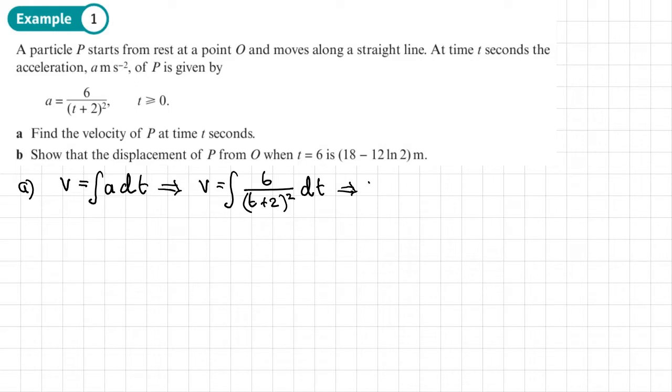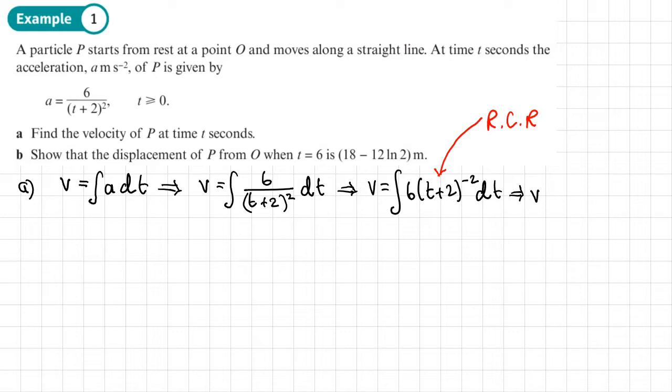Now if I write it as 6 times (t plus 2) to the power minus 2, then I notice that here I can use the reverse chain rule to integrate this because the inside is linear. So let's integrate that and see what we get for v.